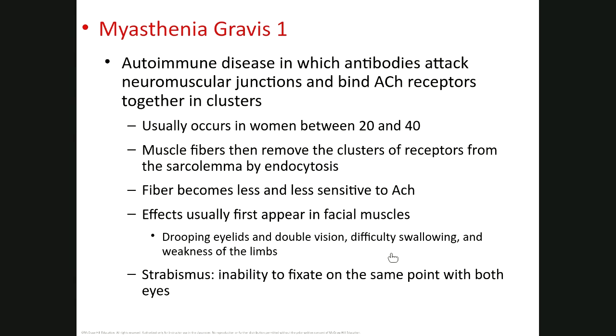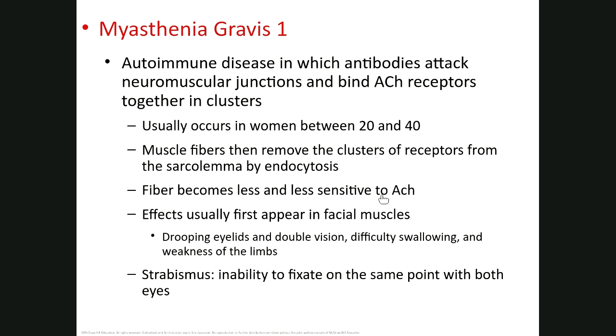Swallowing can also be a difficult procedure, especially when they're too weak to even push the food properly into the esophagus. Limbs can also be weak, from a strength of 5/5 to 1/5, 2/5. Strabismus is the inability to fixate on a point because some of the extraocular muscles of the eye are not as strong.